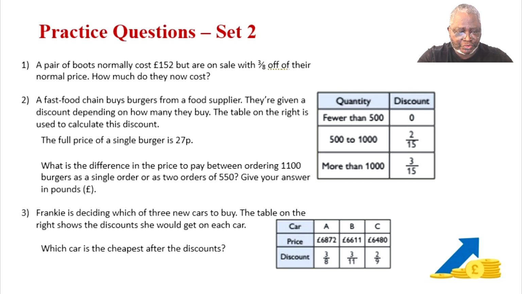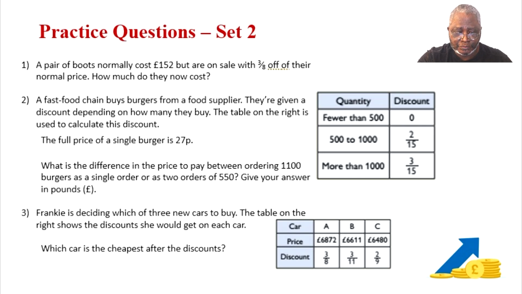Practice questions set 2. A pair of boots normally cost £152, but are on sale with 3/8 off their normal price. How much do they now cost? Question 2. A fast food chain buys burgers from a food supplier. They're given a discount depending on how many they buy.